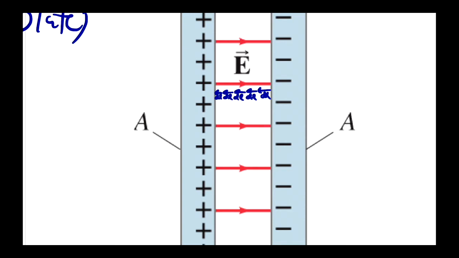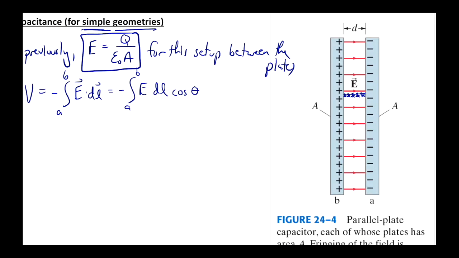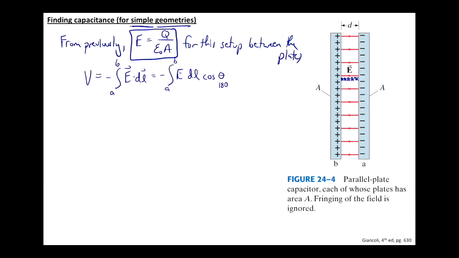If I add up all the dl's, what am I going to end up getting? We would get L, which in this case is d. It's how far apart the plates are. So dl is pointing to the left, E is pointing to the right. So what's theta? Theta would be 180 degrees, which means this whole thing is going to give me a negative 1.